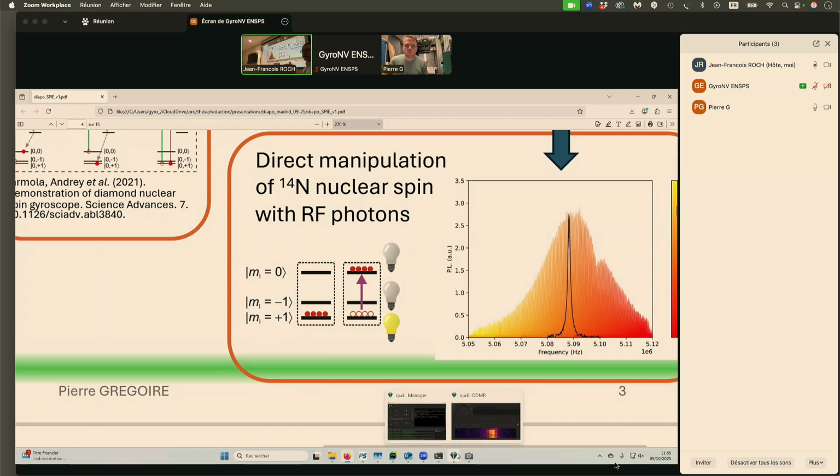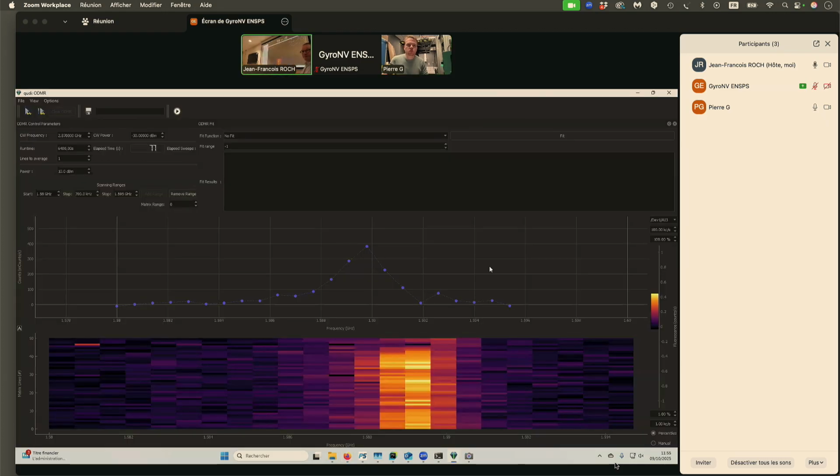Now we can really drive, we can forgive somehow the NV. The NV are just for the optical polarization, and they provide us, of course, with a signal, but we can really play now only with the radio frequency signal at 5 megahertz.